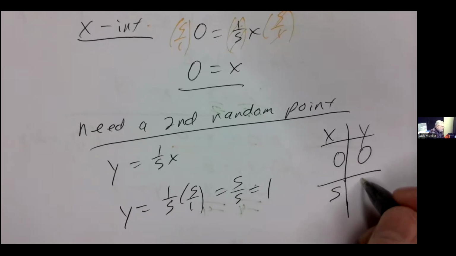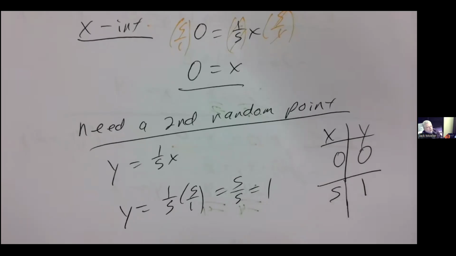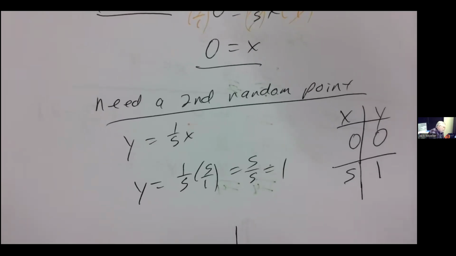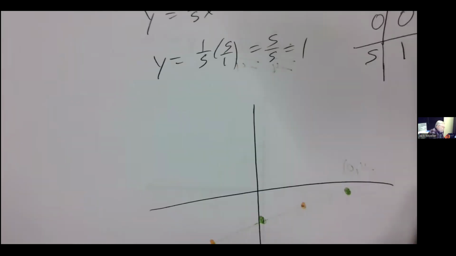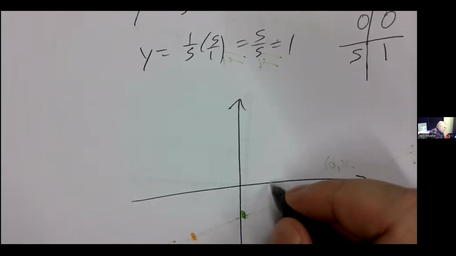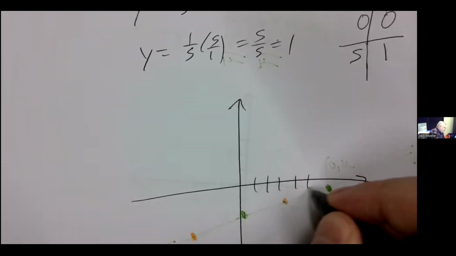So we plug in x equals 5, and y equals 1. Now we have our 2 points.